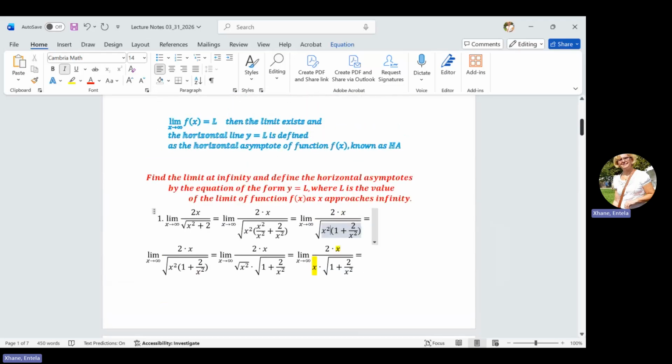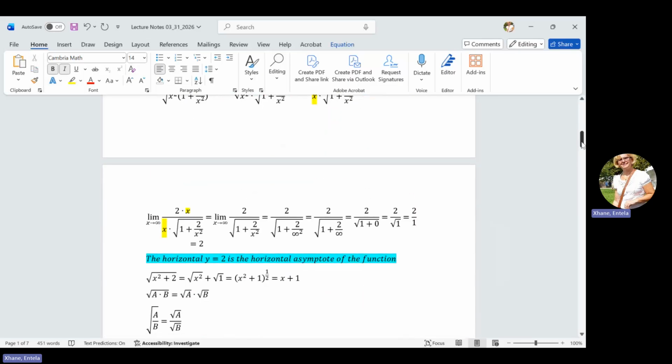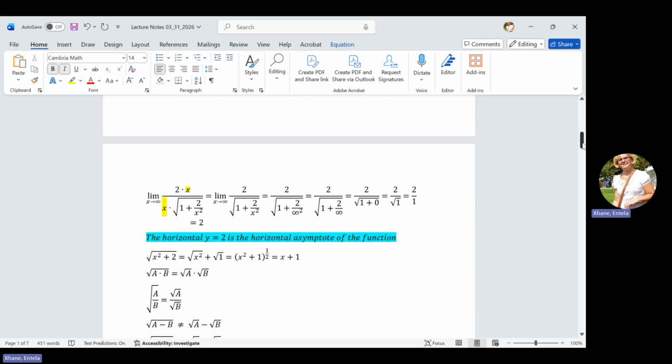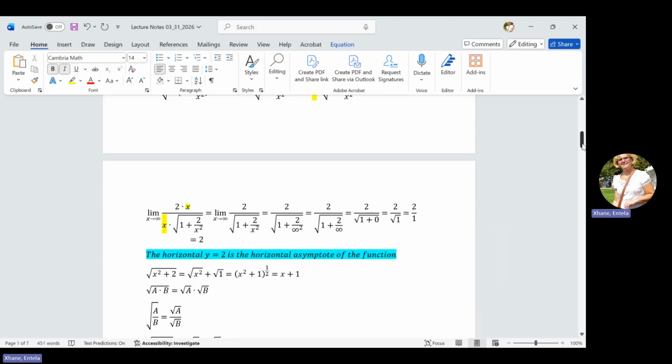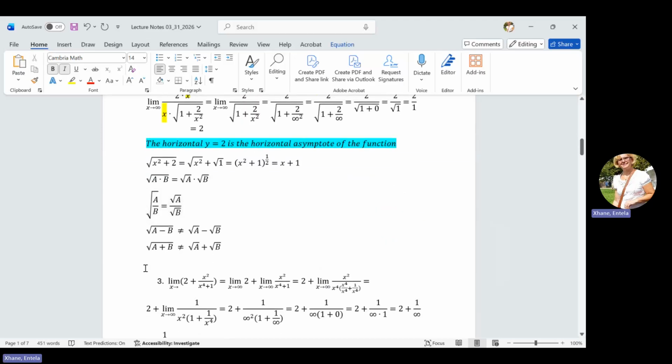You have to write it as an equation in the form of y equals L. So y equals a number. And then to finalize it, I'm writing the horizontal asymptote in this case for the function f of x is y equals 2. Okay. Hope the explanation is clear for everyone.